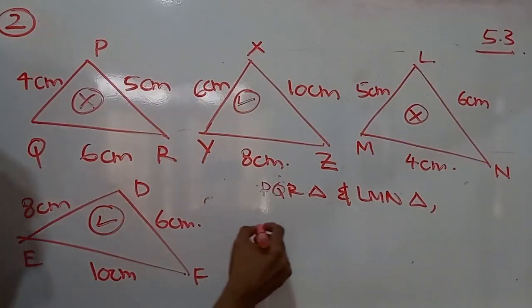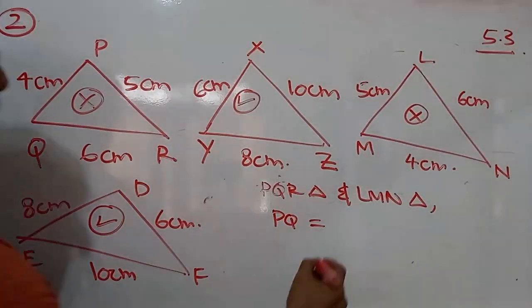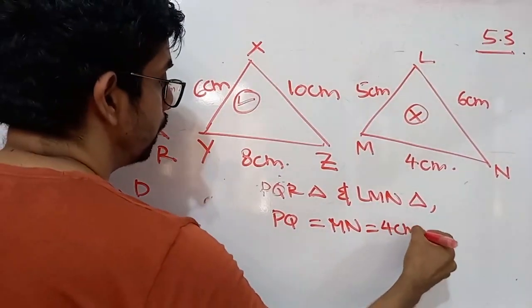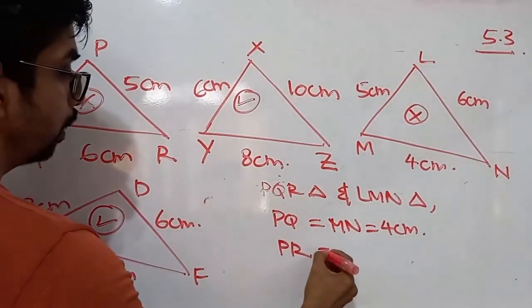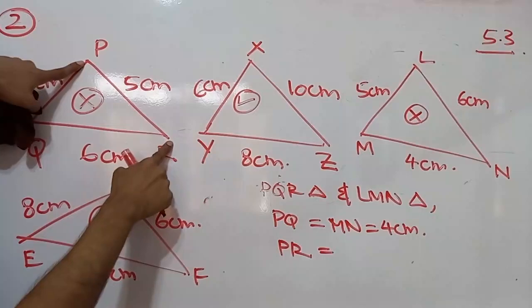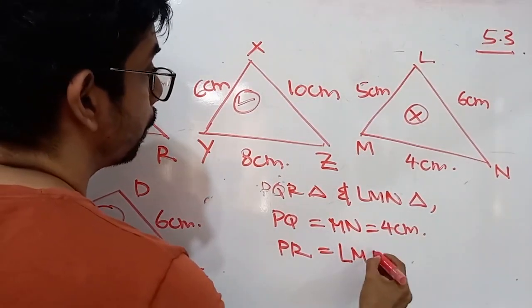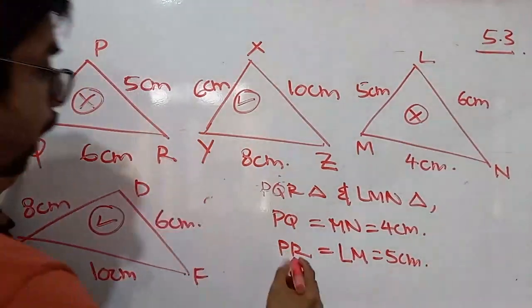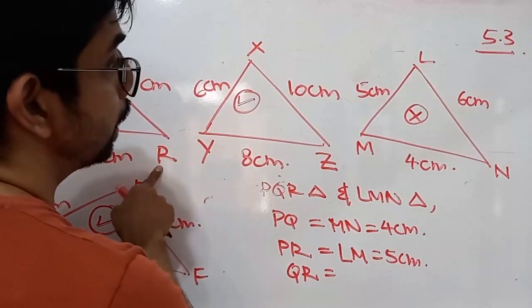So PQ, that is equal to MN, equals 4 centimeters. Then we have PR, that is 5 centimeters. So that is equal to what? LM, which is 5 centimeters. Then we have QR, which is 6 centimeters, that is equal to what?